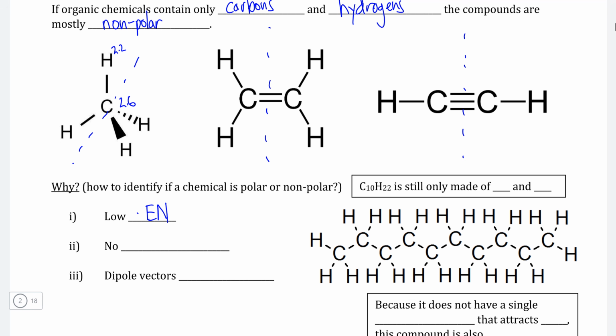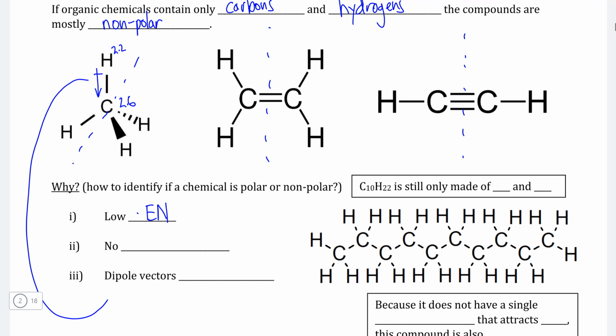Now, electronegativity is simply a measurement of how well an element is able to attract electrons and hold onto its own electrons and prevent other elements from taking them. So this means because carbon has a higher electronegativity constant, it is going to be pulling the two electrons in this bond away from hydrogen to carbon like this.